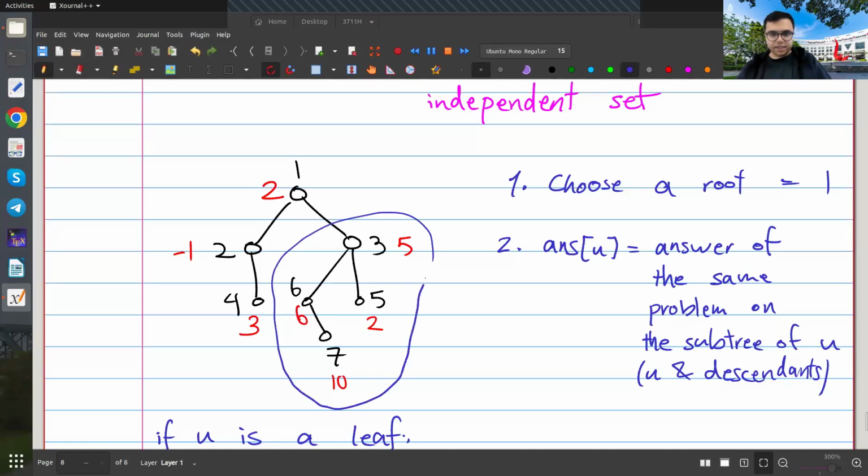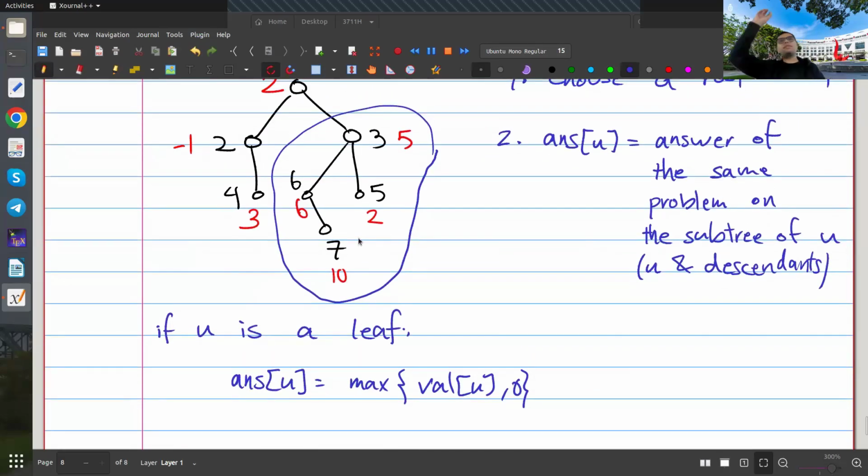And this is the subtree. I want to figure out what is the best independent set that I can take in this subtree. Now, again, just like before, I can say, let's look at the root. And I have two choices. Either I'm taking the root in my solution or I'm not taking the root.